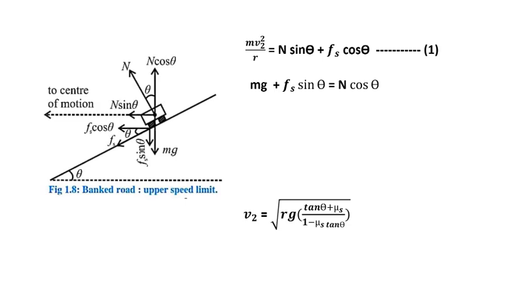Mg plus Fs sin theta is equal to n cos theta, or we can write mg equals n cos theta minus Fs sin theta. As always, take the ratio, or divide equation number 1 by equation number 2. We get v2, that is the upper speed limit, equal to root of rg times tan theta plus mu s upon 1 minus mu s tan theta.